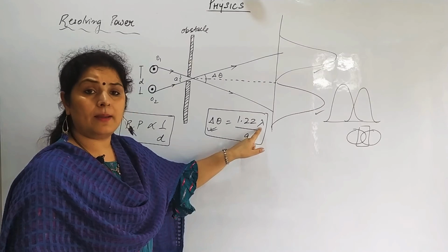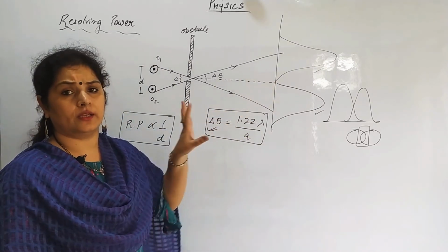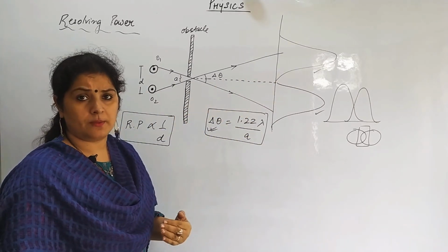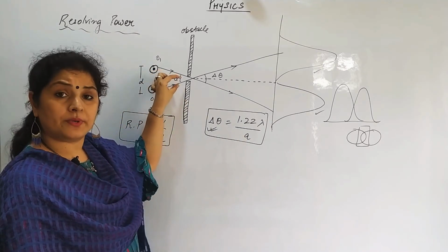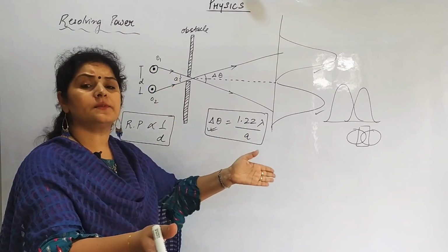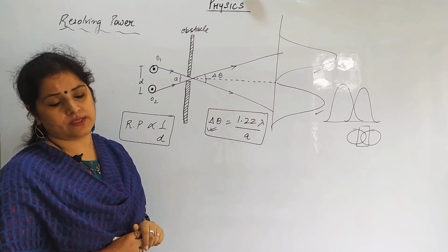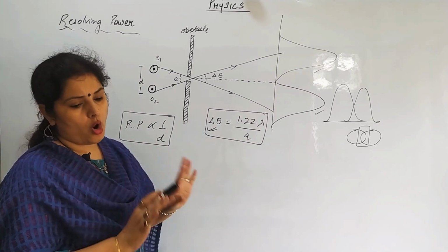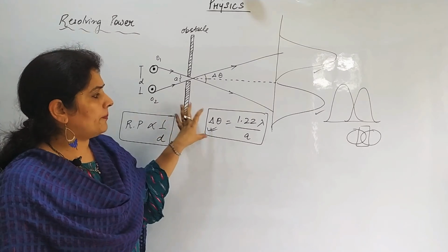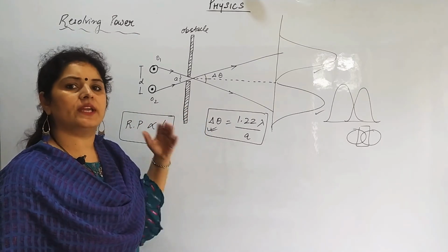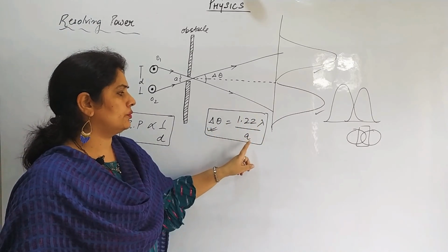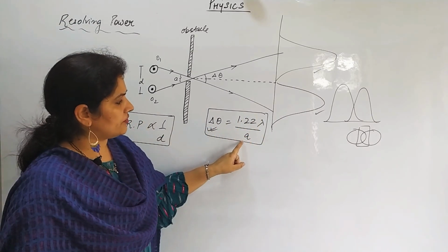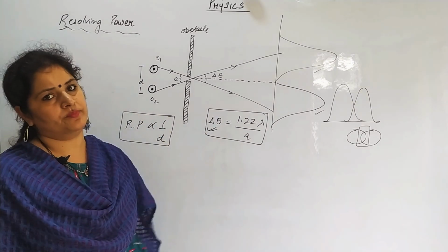Lambda is the wavelength of light which we are using in our observation, and A is the size of the aperture through which the light is bending and diffraction is taking place, right? So for all optical instruments, whether it is a telescope or a compound microscope, we are going to use delta theta as 1.22 lambda by A, where A is the size of the aperture and lambda is the wavelength. Thank you, children.